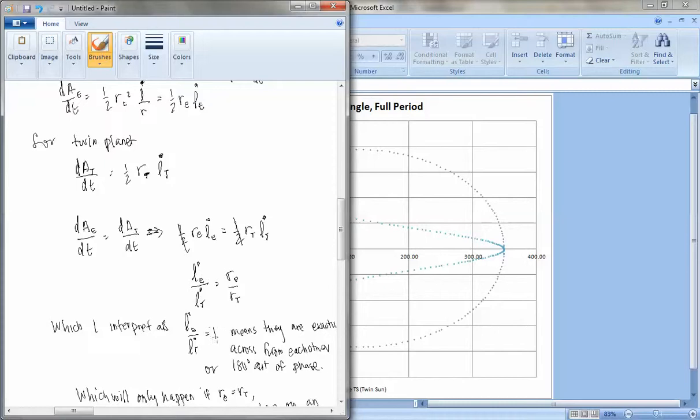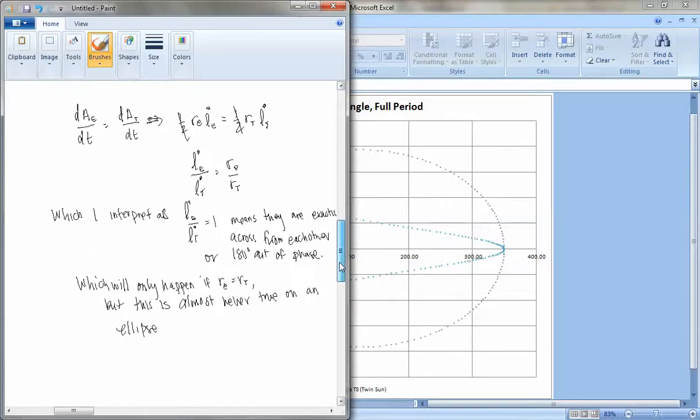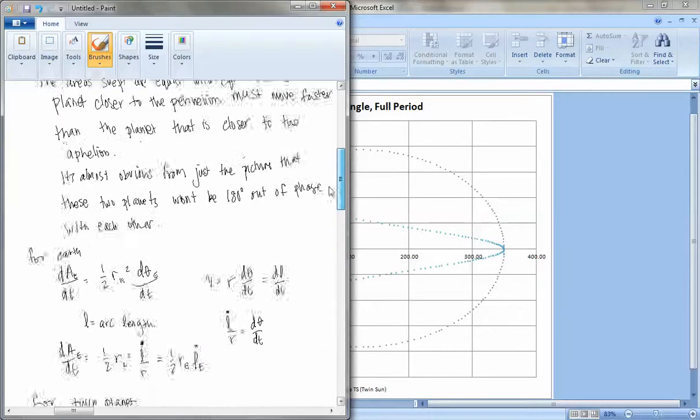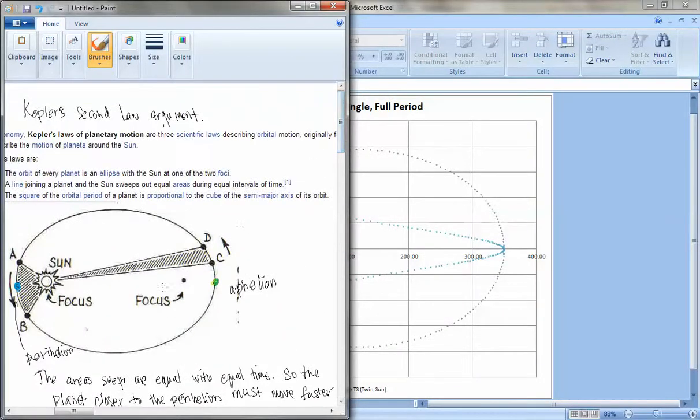The ratio should be equal to 1 when the radius of the Earth, the distance that the Earth is from the Sun, is the same as the distance that the twin planet is from the sun. But in an ellipse, this is almost never the case. So therefore, they are not going to be 180 degrees apart from each other.